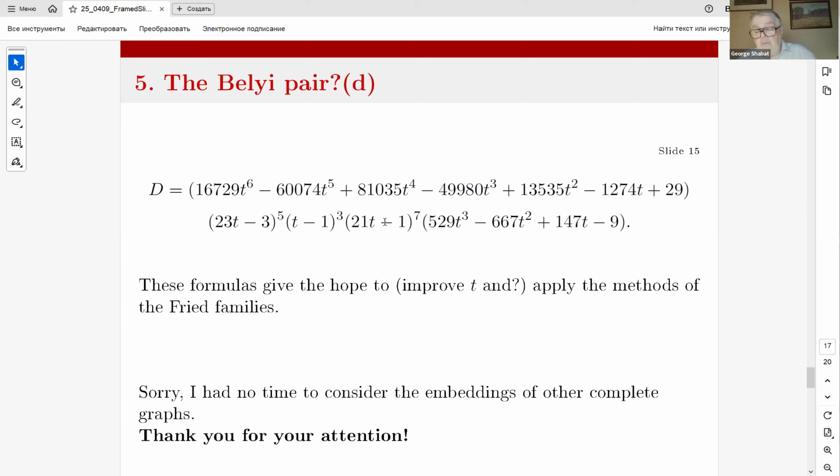But one of the advantages of what I call the method of free families is that we have a complicated family of free pairs depending on the rational parameter t, on the Riemann sphere on which t is varying.